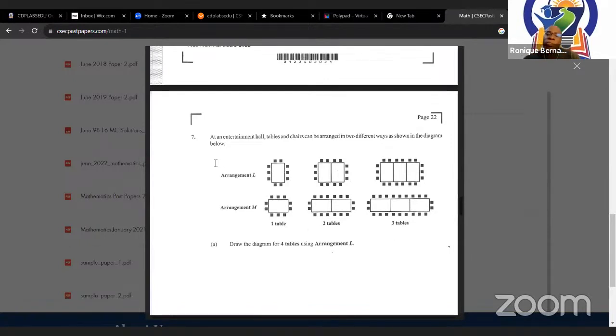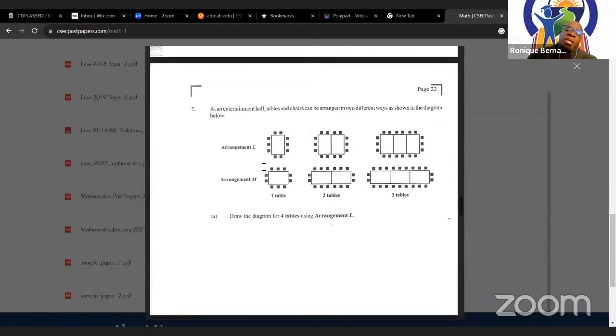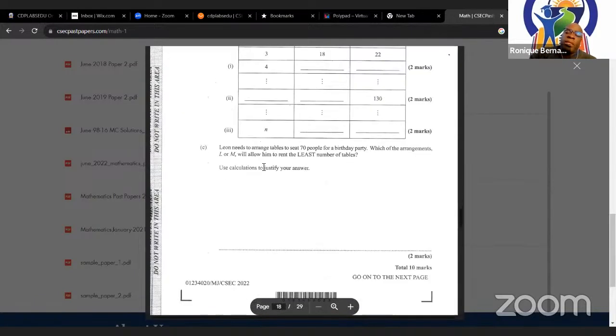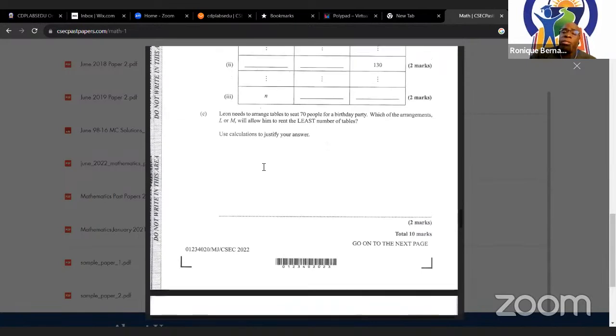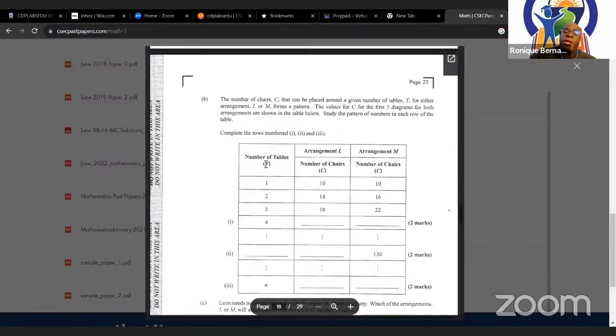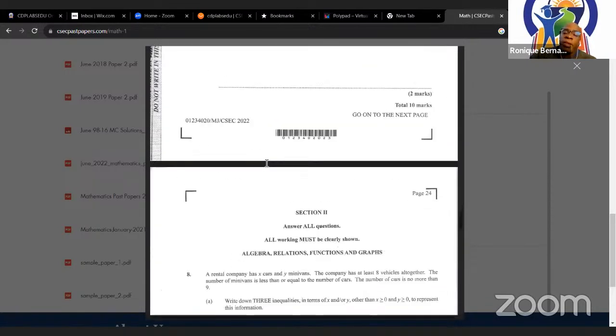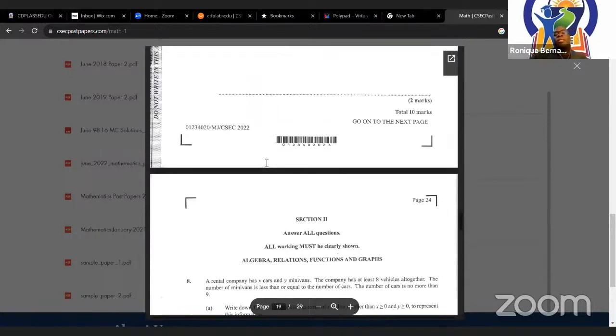I'm going to do some investigative questions on Wednesday nights as well. So 7, how much have we gone? 54, then 10, 64 marks. So section 1 alone is 64 marks.